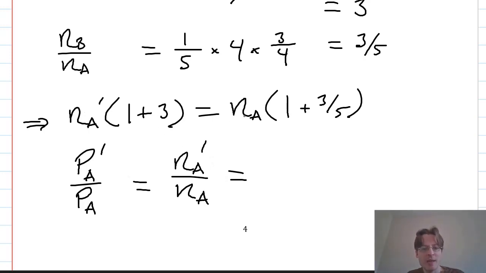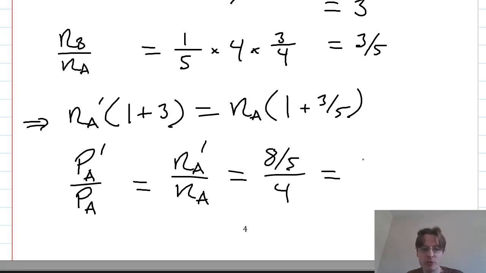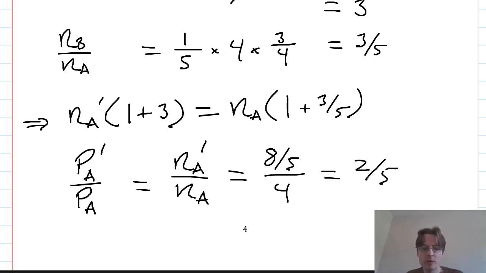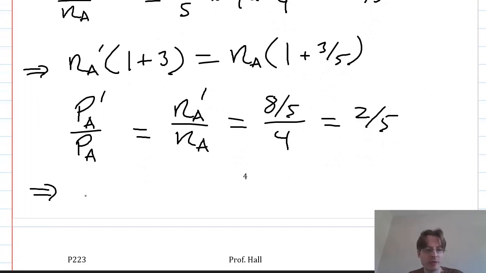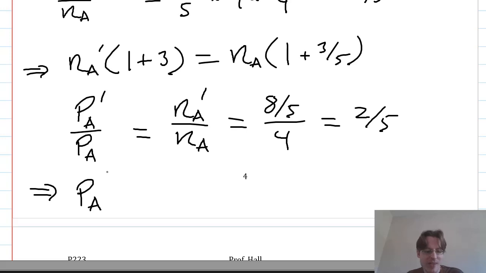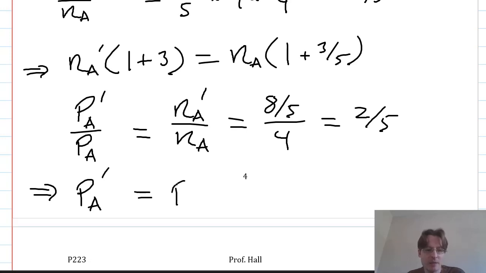NA prime over NA is equal to 8/5 divided by 4, which is 2/5. In other words, the final pressure is 2/5 of what it was at the beginning. Finally, the final pressure, it's actually the same in A and B, comes out to be 2 times 10 to the 5th pascals.